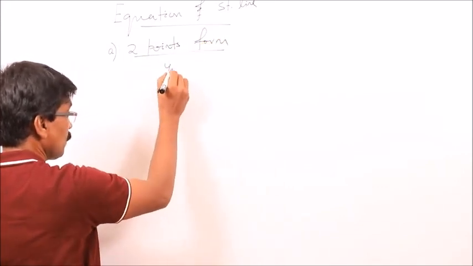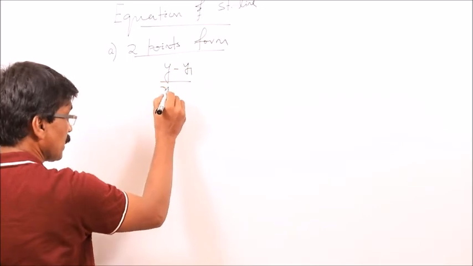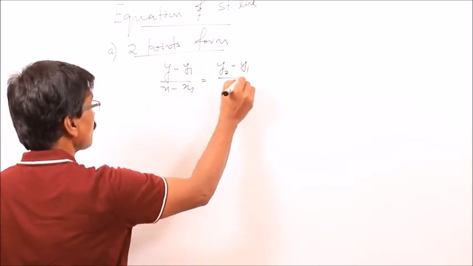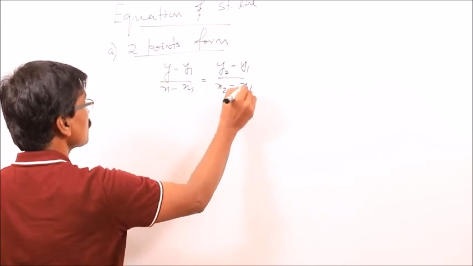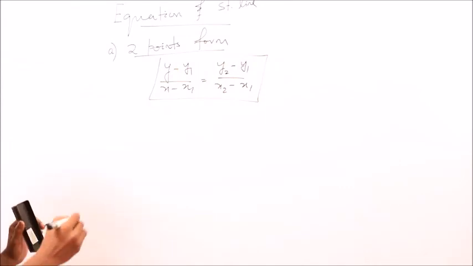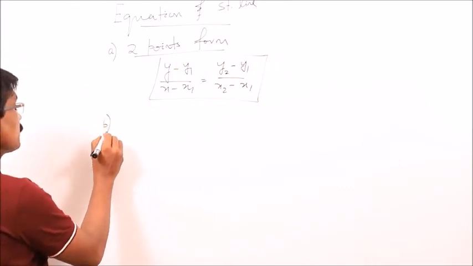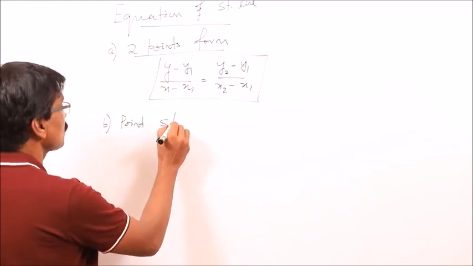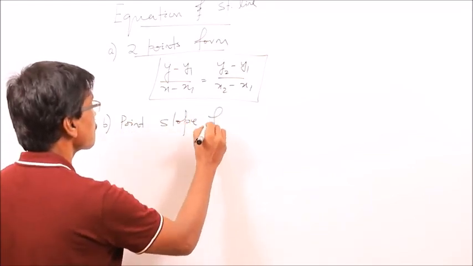That is y minus y1 by x minus x1 is equal to y2 minus y1 divided by x2 minus x1. That is 2 points form. Next, the other form is point slope form.